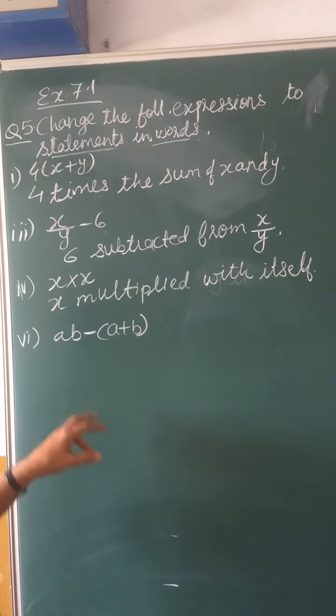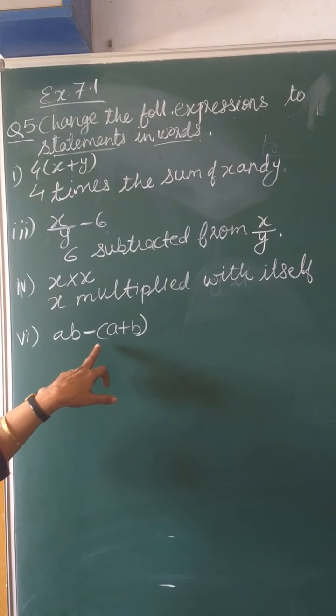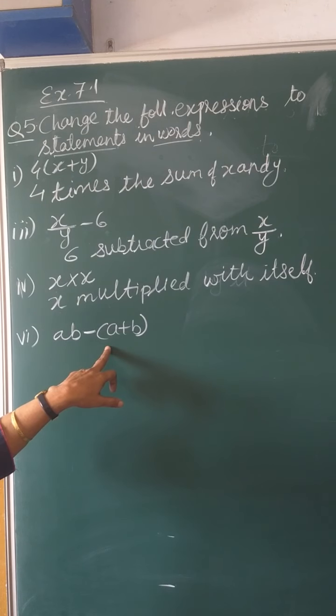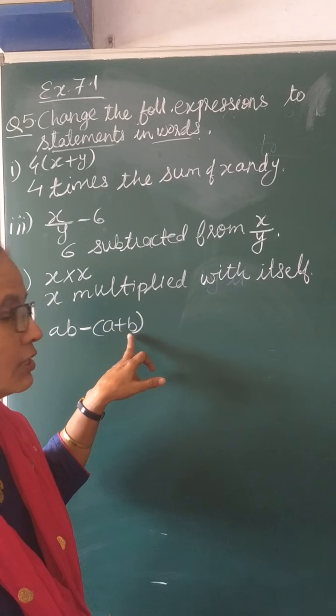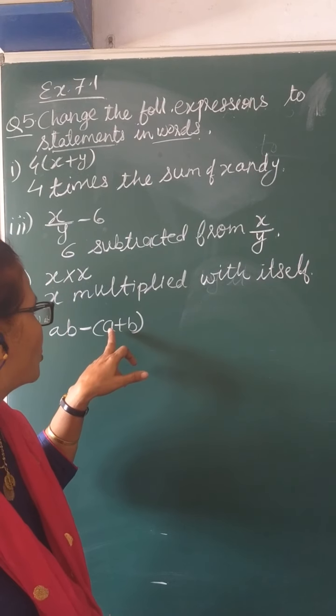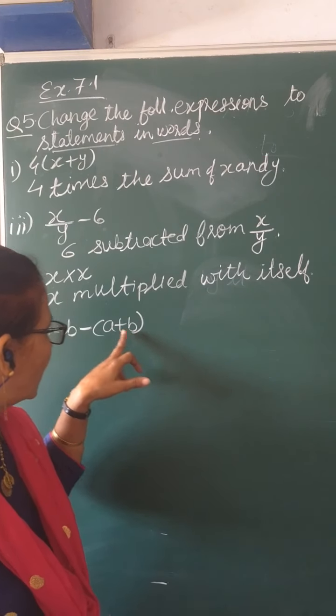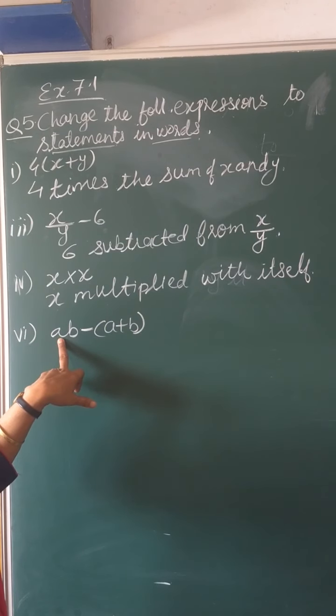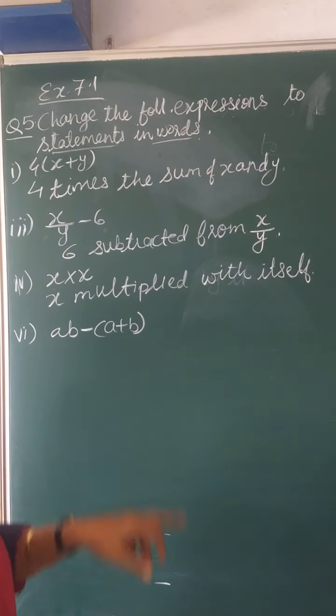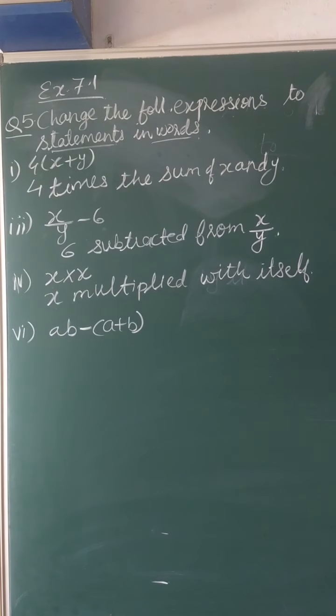Now here you see AB minus A plus B. So here you can see it is given in addition of A and B, means sum of A and B. So the sum of A and B is subtracted from AB, or you can write from the product of AB. Okay, so let's write that also.